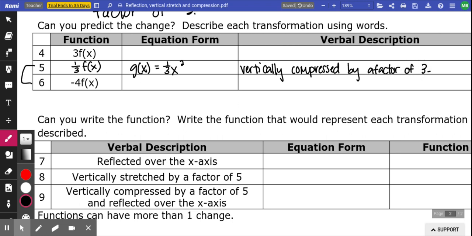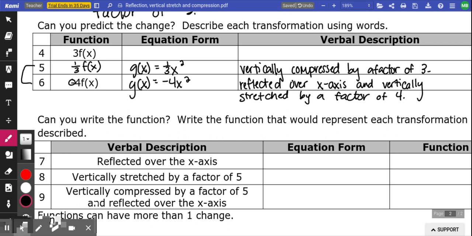Now looking at number 6, this one, we actually have two things happening. The negative tells us that it's going to be reflected. Our equation is going to be g of x is equal to negative 4x squared, and our verbal description: the parent function is reflected over the x-axis and vertically stretched by a factor of 4.